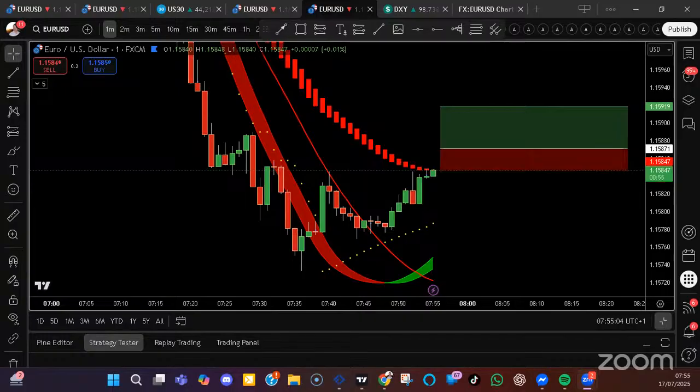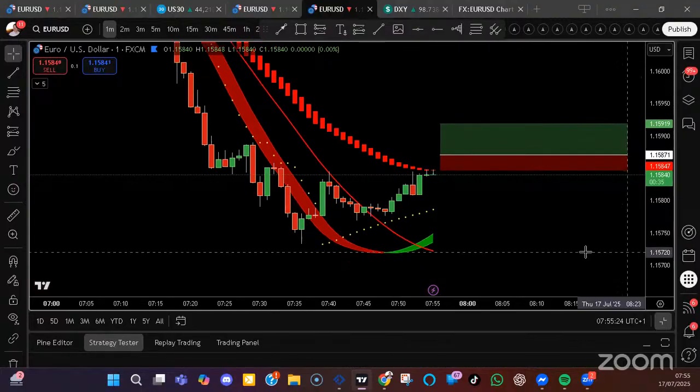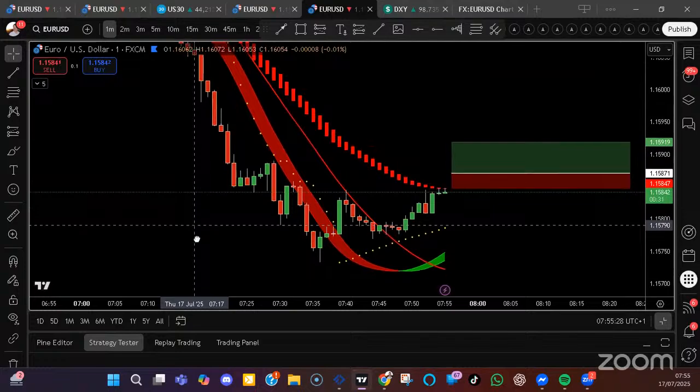And we're looking at the Academy 55 indicators and strategy on the 1 minute time frame following the EUR USD Forex pair. What we can see now is we are in the midst of maybe looking at a buy from that pair. It's brewing up.